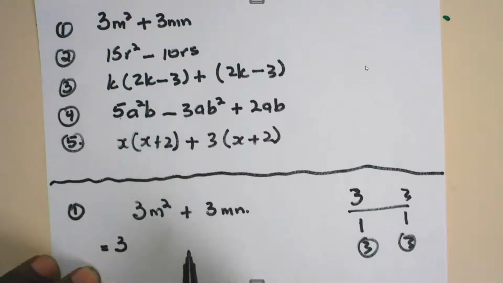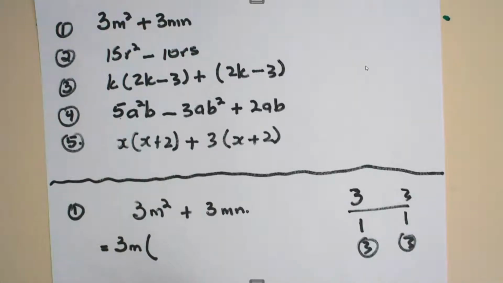Now, we have m squared and m to the first power. I said earlier on, in order to find the highest common factor of the variable m squared and m, we take the m which has a smaller degree, which is m in the second term. Then we put our bracket.